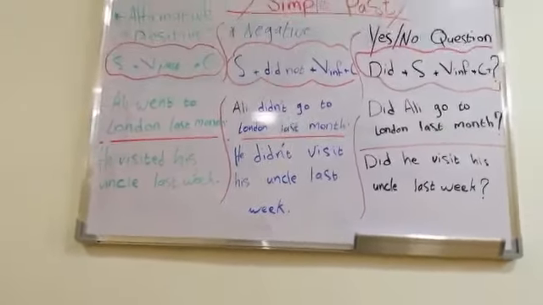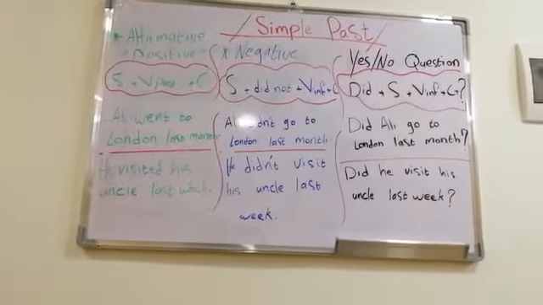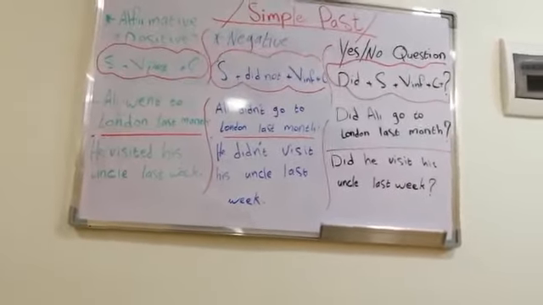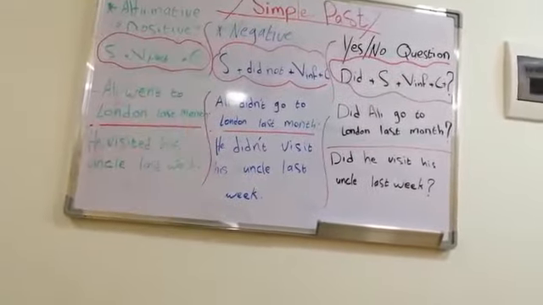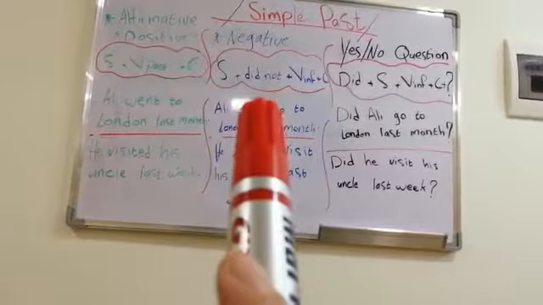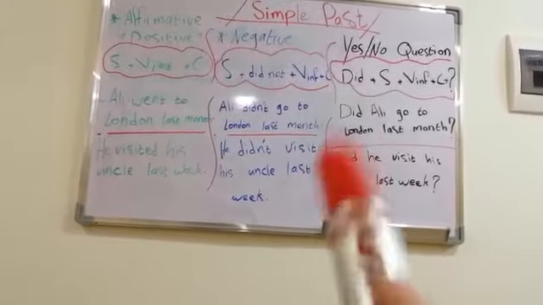Here in the affirmative, in the positive, we have subject, verb in the past tense, and complement. In the negative form, we have subject, didn't, verb infinitive, and the complement.